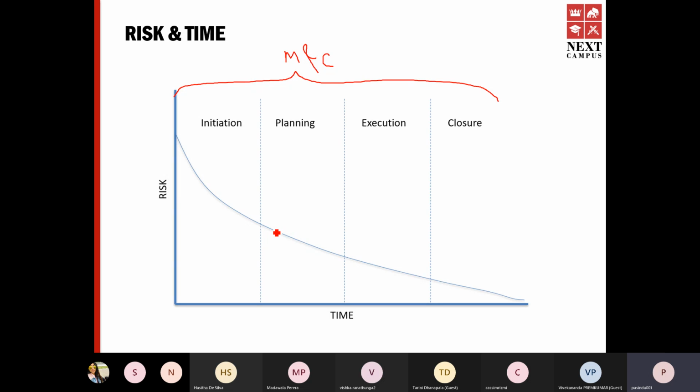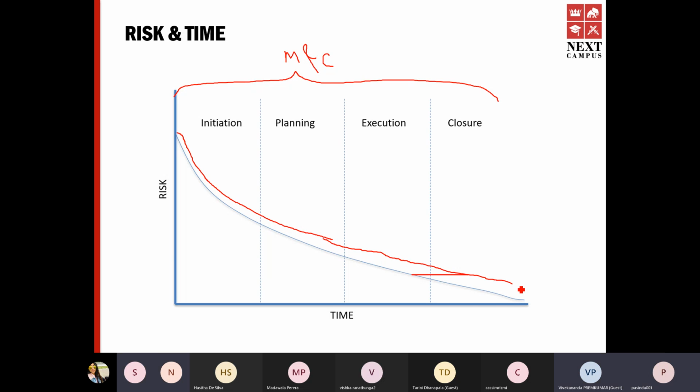And then it comes to execution, where you start building the house. As you move across this curve, you spend more time, more money, more energy. Then the chances of you pulling the plug on the project become lesser and lesser because you're committed, you've spent so much energy, so you want to see it through, right? Does that make sense, guys?